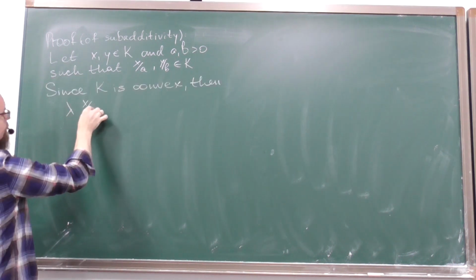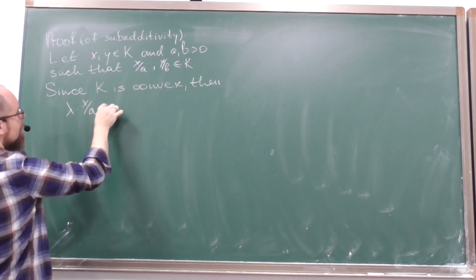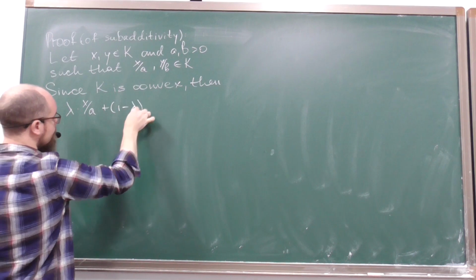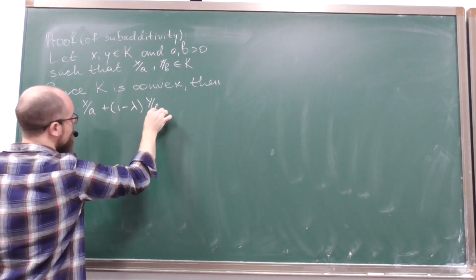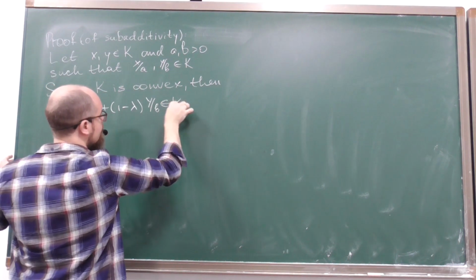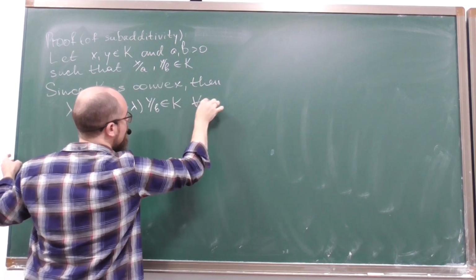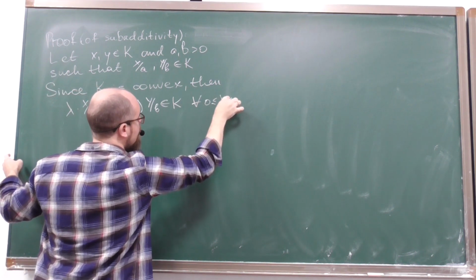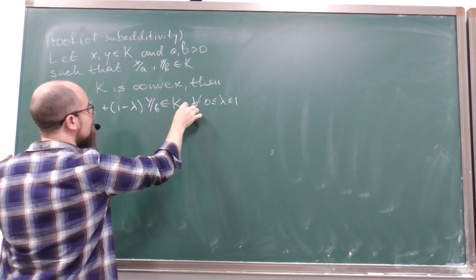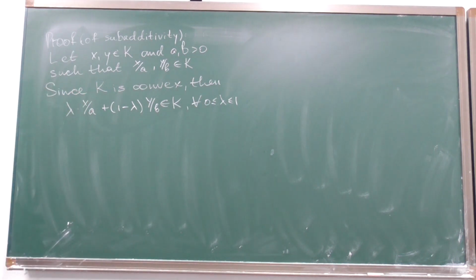The general form of the interval is this one. For every value of lambda between 0 and 1, this linear combination belongs to the set K.